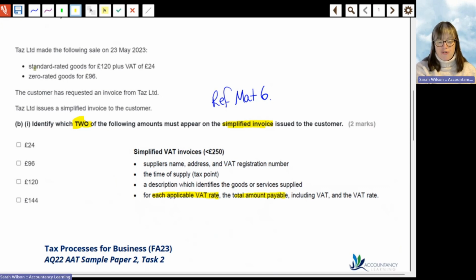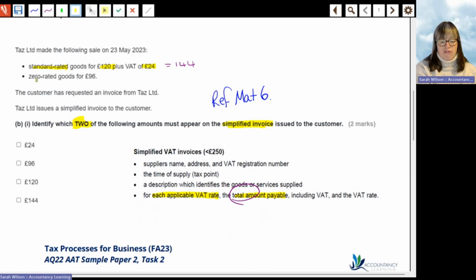So we have standard rated, so that's one VAT rate for 120 plus VAT of 24. And we want the total amount payable. So we add them together to get 144.